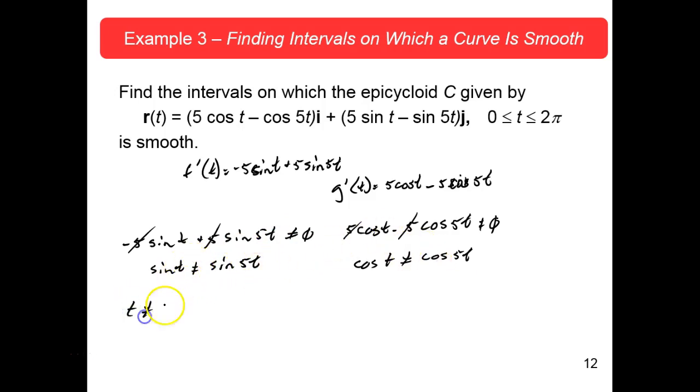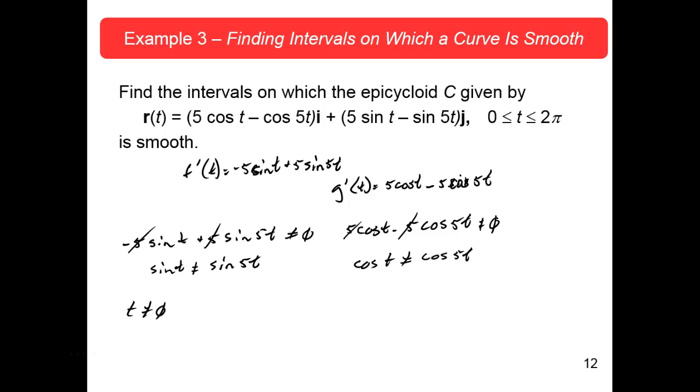So t cannot equal 0. Okay. Now, is there any other place where they might be the same? Where t is equal to 1? Let's think. Sine of 1, not necessarily going to be equal to sine of 5, so I don't think that would be it.